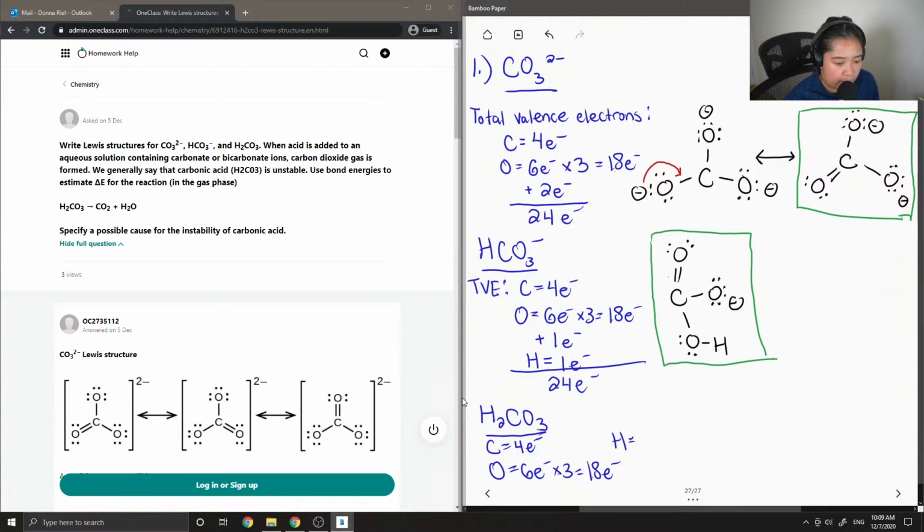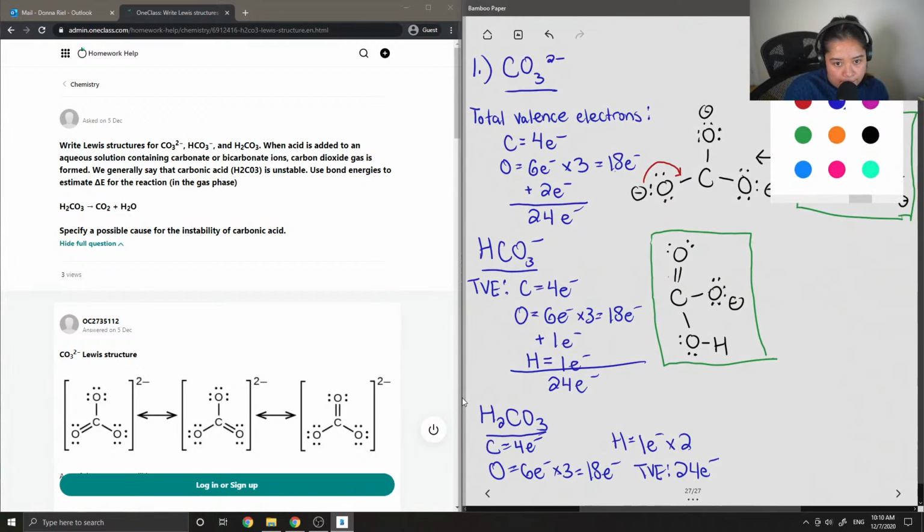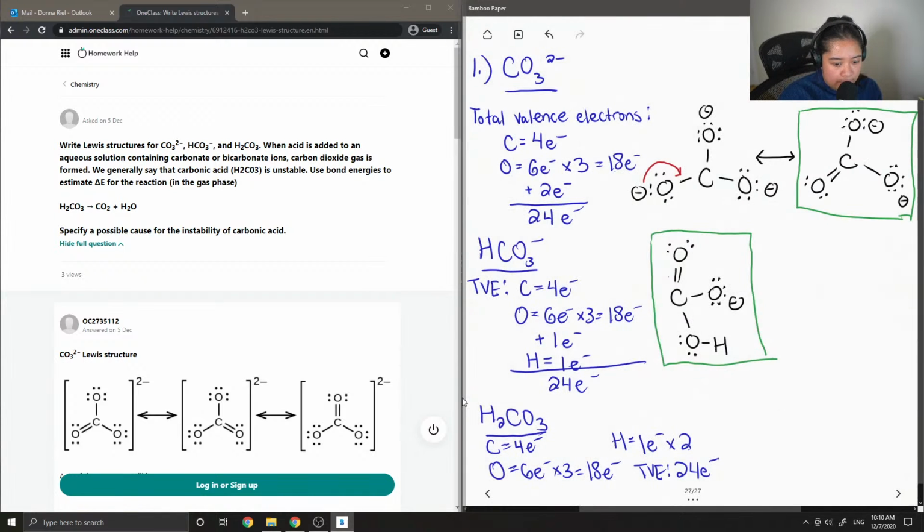Hydrogen, there are 2 this time, so it's 1 electron times 2. So the total valence electrons is 24 again. Okay, so I'll draw here.